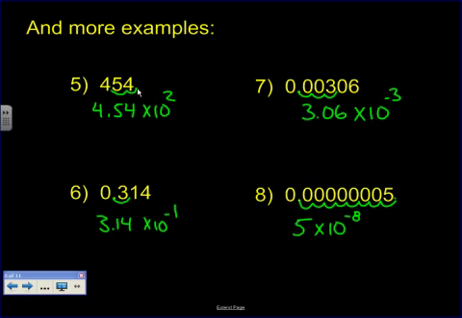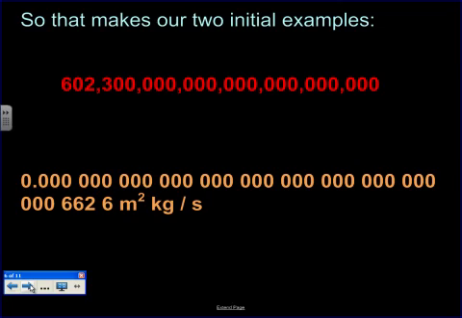Let's jump back to our initial 2 examples. Again, these are really important numbers in science. We're going to apply the same process. For the first one, we count 1, 2, 3, all the way up to 23 spaces.